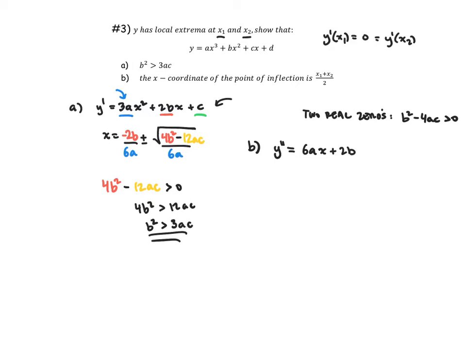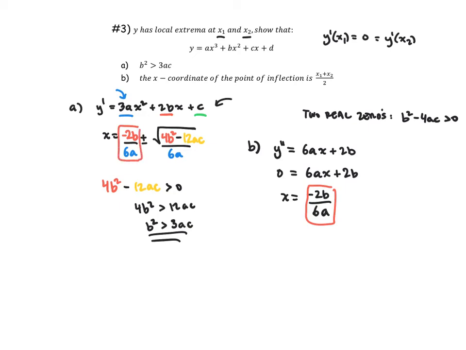Now, when I find the zero of the second derivative, I am setting the second derivative equal to 0, and I'm solving for x. So it looks like x would equal negative 2b over 6a. Okay, this is kind of cool. Check it out now. Right there.